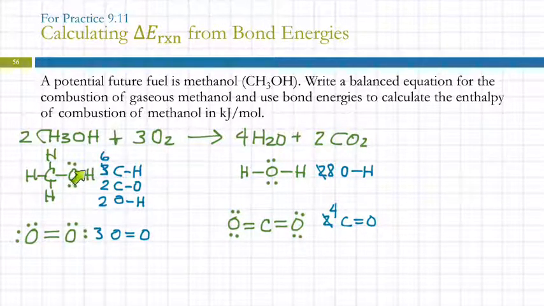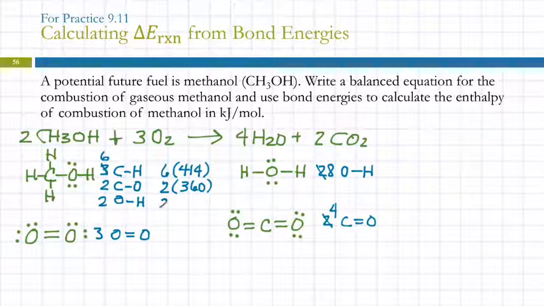So we're breaking 6 moles of carbon-hydrogen bonds. So that's 6 times the bond energy for the carbon-hydrogen bond, 414. And those units are kilojoules. We're going to break 2 moles of carbon-oxygen single bonds. So that's 2 times 360.